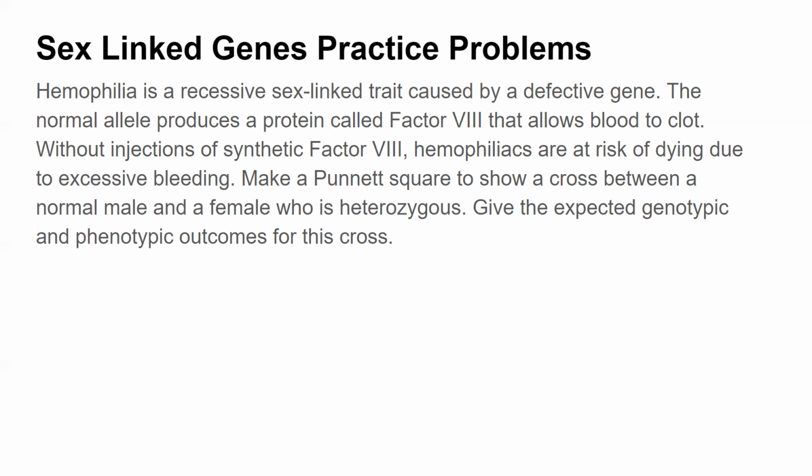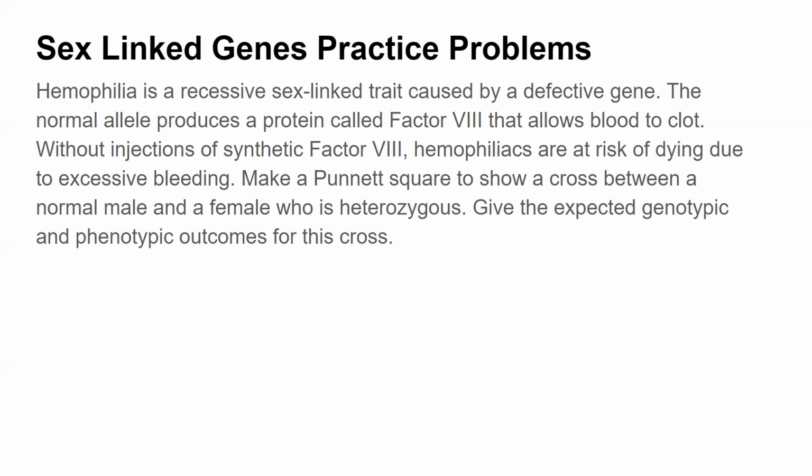So we have, and what's the question asking us? Expected genotypic and phenotypic outcomes. We have 2 sets of answers, so let's go one thing at a time. X big H, X big H. How many of those do we have? 1. X big H, Y. 1, 1.